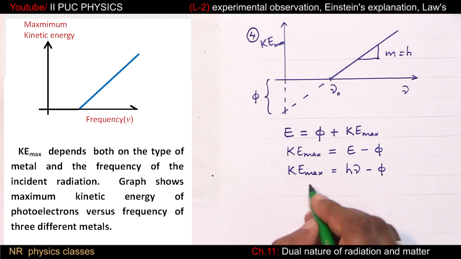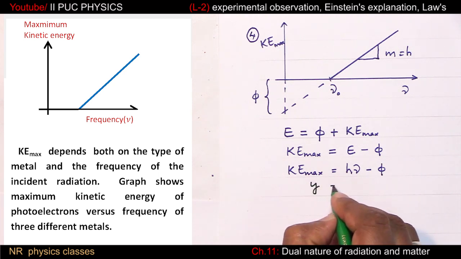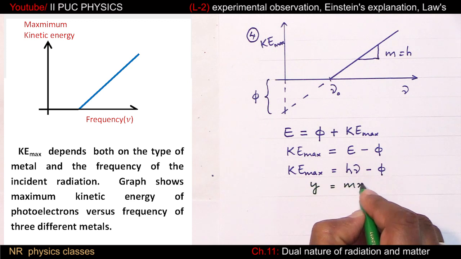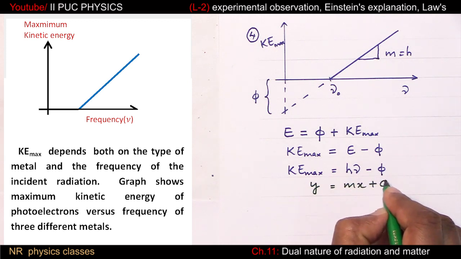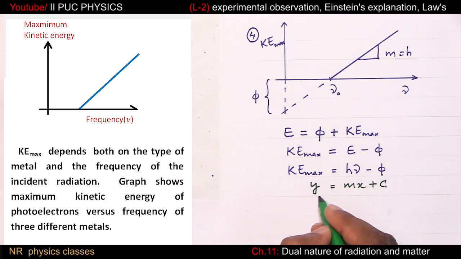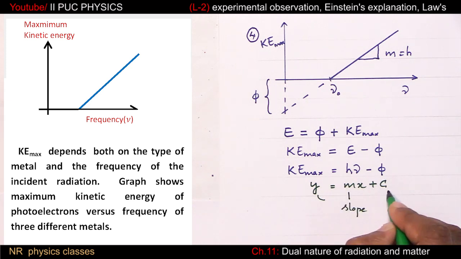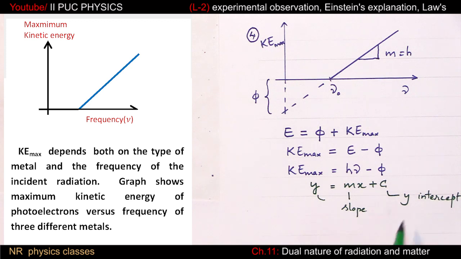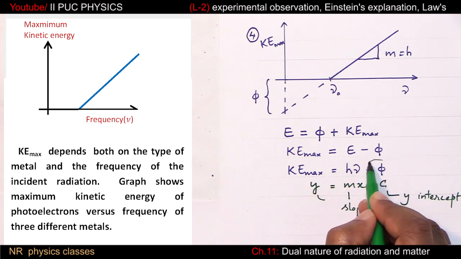This equation is of the form y equal to mx plus c, which represents straight line, where y is the y coordinate, x is the x coordinate, m is slope, and c is y intercept. Observe, y intercept is minus phi.